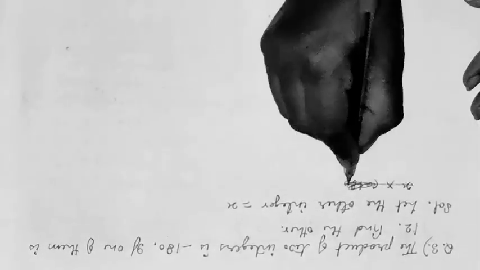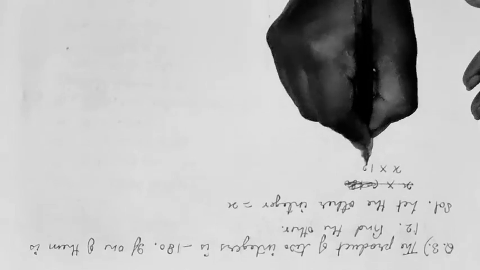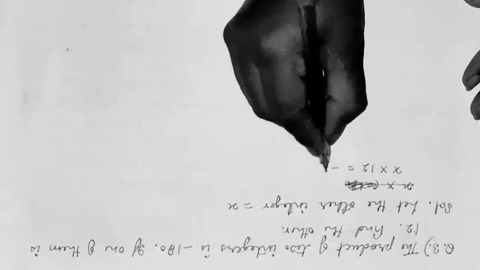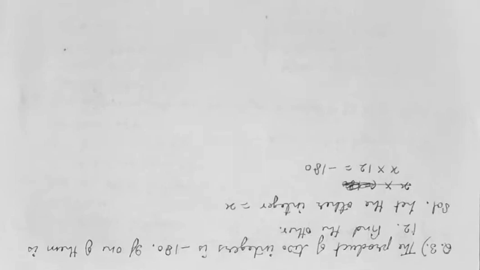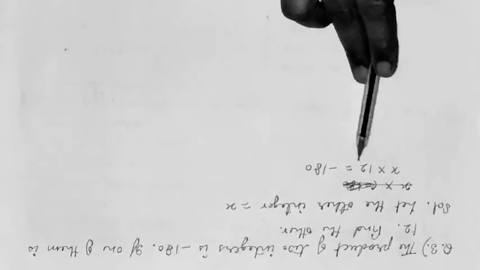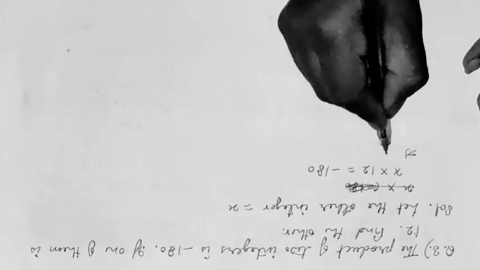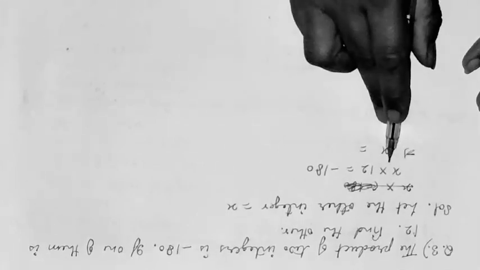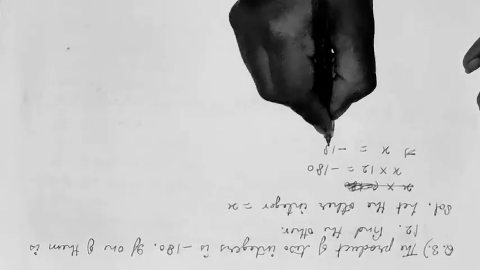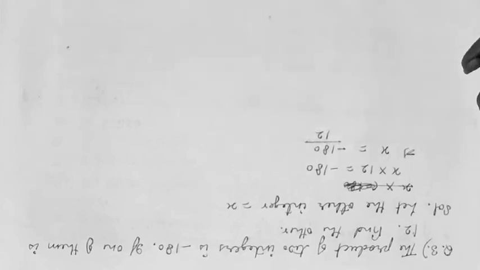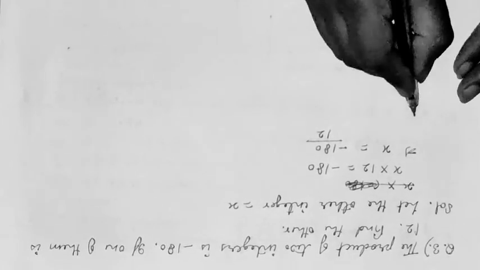Given integer is 12. So multiply x with 12 and the product is minus 180. Now I want to find the value of x. So I will take 12 to the right hand side. Now 12 is multiplied here. So when we take it to the right hand side, it will be divided. So minus 180 by 12.